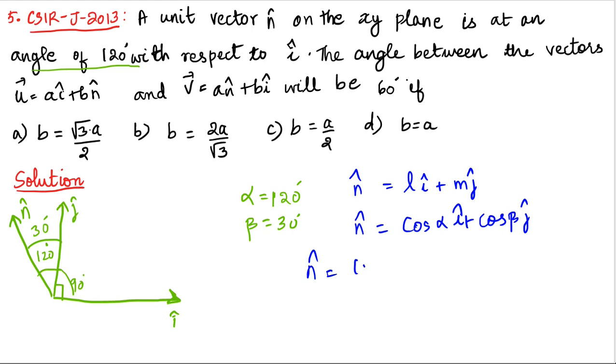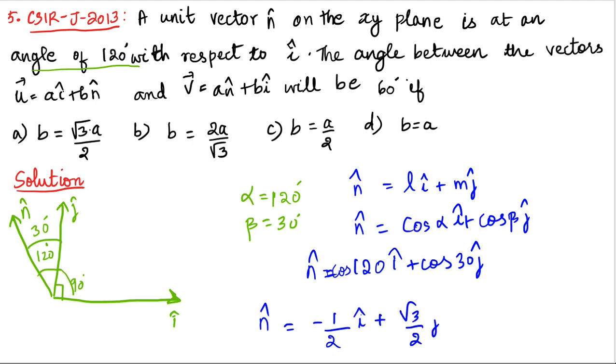So n cap is cos 120 i cap plus cos 30 j cap. So on substituting, I get n cap to be minus 1 by 2 i cap plus root 3 by 2 j cap.